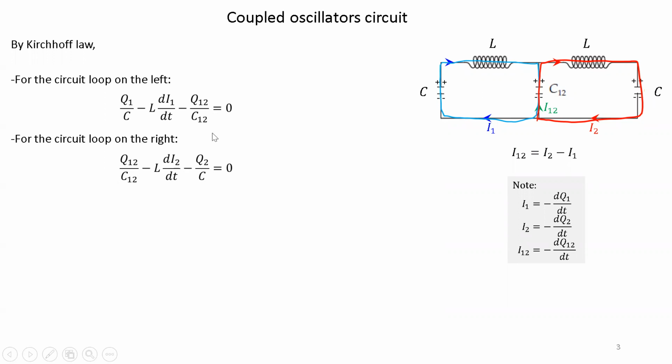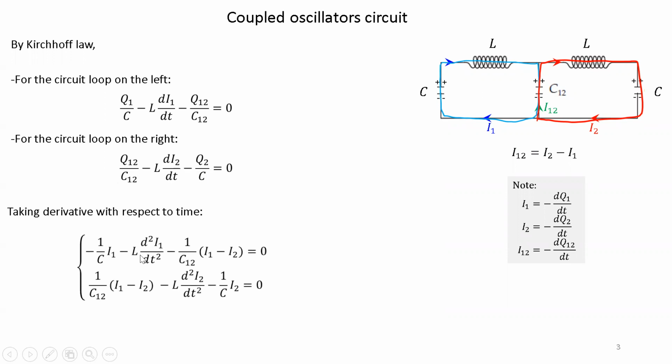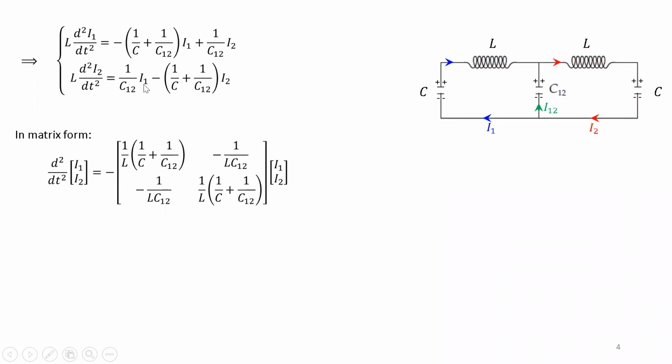So now I have these two equations over here. And then if I take the derivative with respect to time, these are the two equations that I got. And also, I've already used this relation over here. Let me just try to rearrange the terms to make it look more clean.